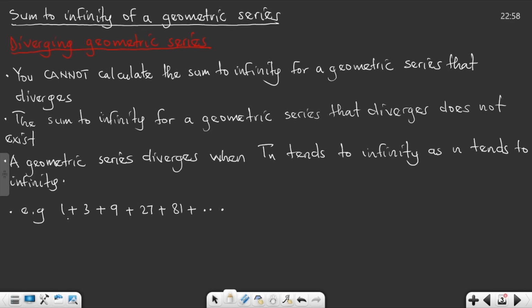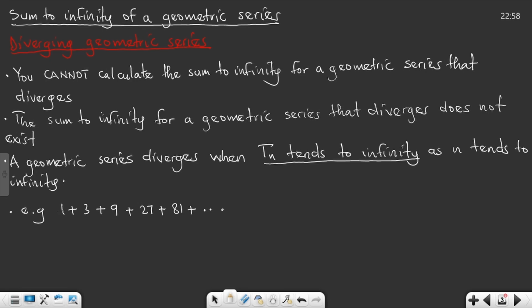Okay, you can see the value of Tn, or the terms, are getting bigger and bigger. So this is what we said here: Tn tends to infinity. The values of Tn are getting big and big. And you can see that n tends to infinity.